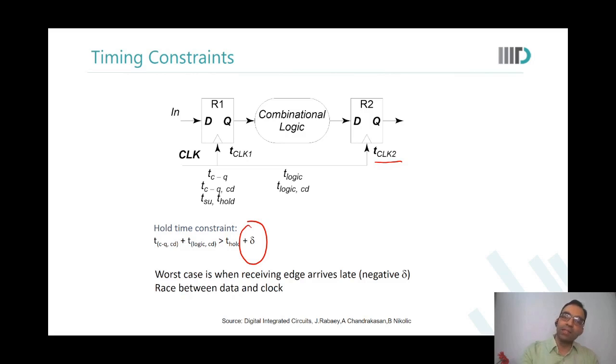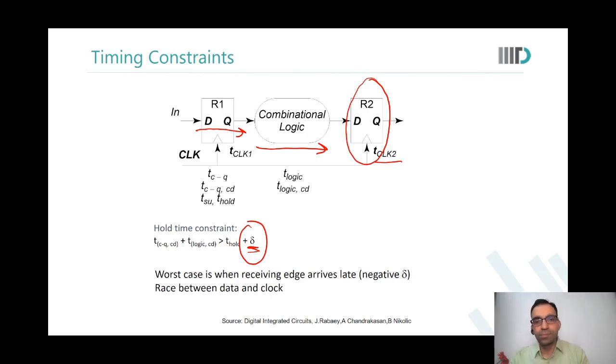We say that the contamination delay, the fastest input can come to this, and the contamination delay of this combinational logic should be greater than the hold time requirement of this flop plus delta. Are you able to see this? So can you explain this again, sir?